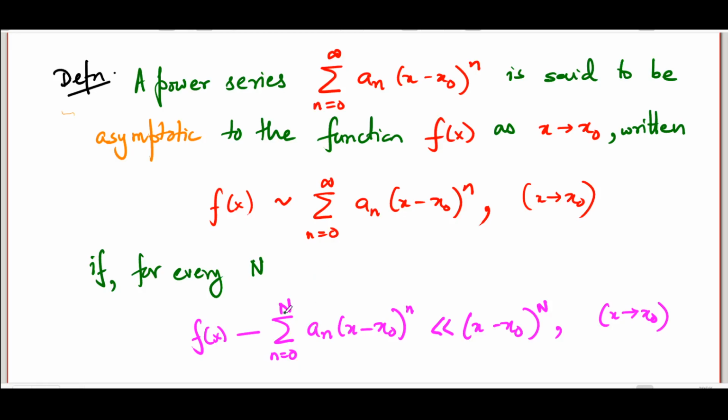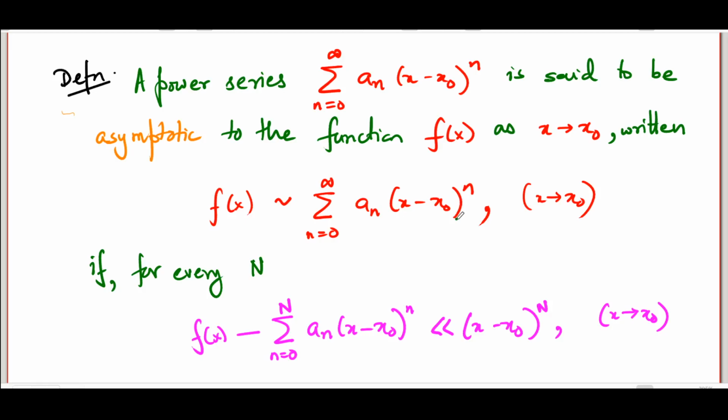The partial sum from small n equals 0 to capital N of this series is very, very close to f of x, in the sense that the difference between f of x and the partial sum has to be negligible compared to x minus x0 raised to the power capital N. So at every value of capital N, the difference between f of x and the partial sum up to N terms is negligible compared to the last term which you are keeping.